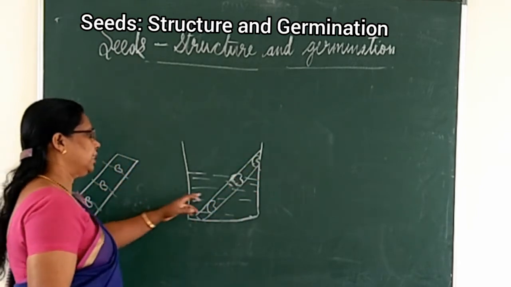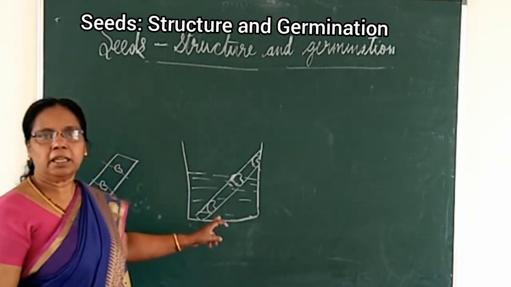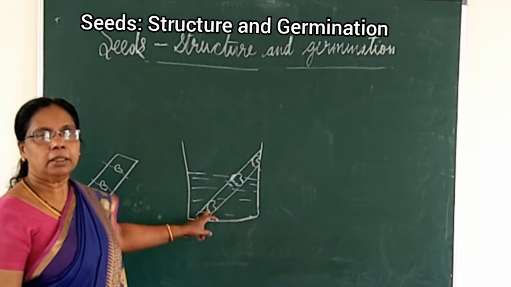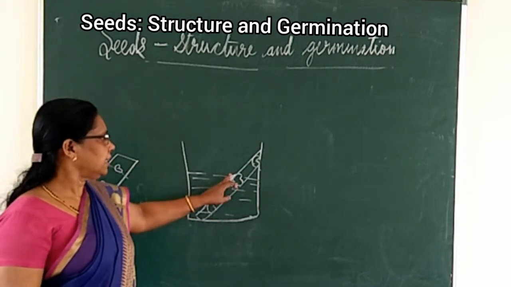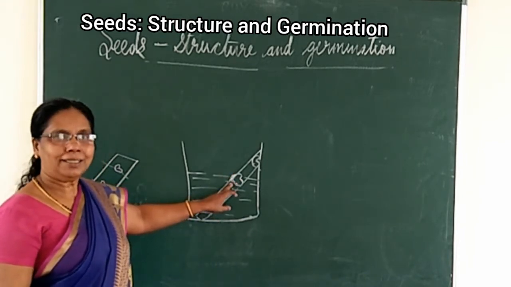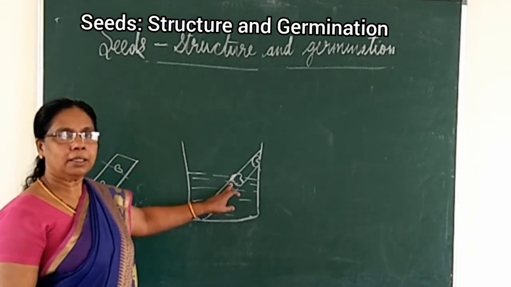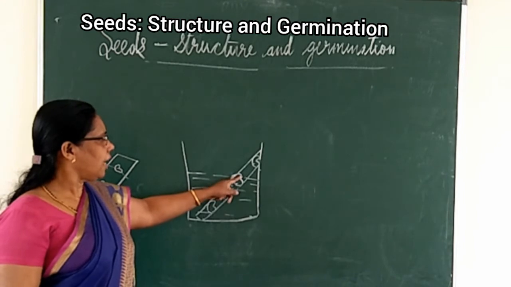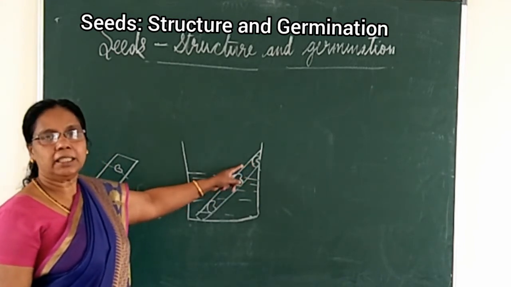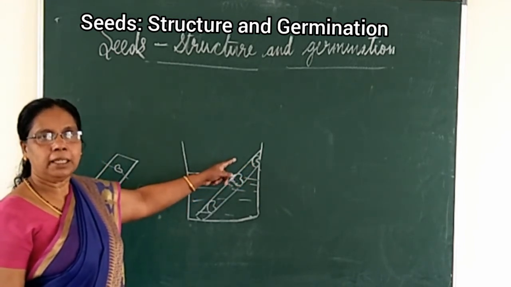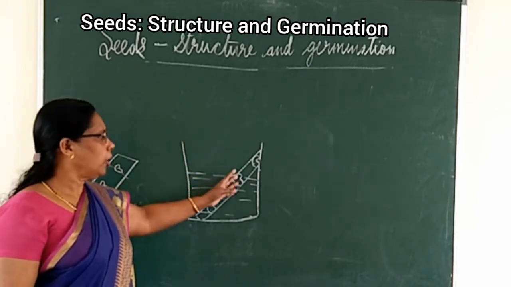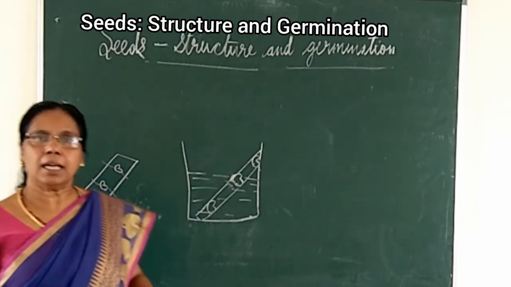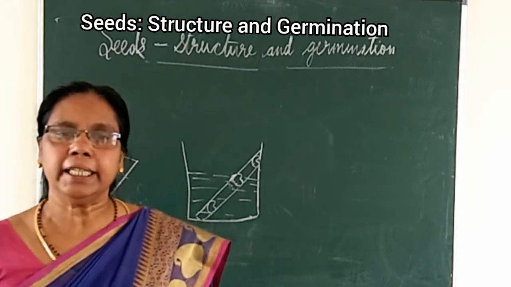See the position of the seeds. The first seed is completely immersed in water. The second seed is just below the water level, and a little part you can see upside. Whereas the third seed is completely above the water, with no contact with the water. Keep it aside like this for 2 or 3 days.